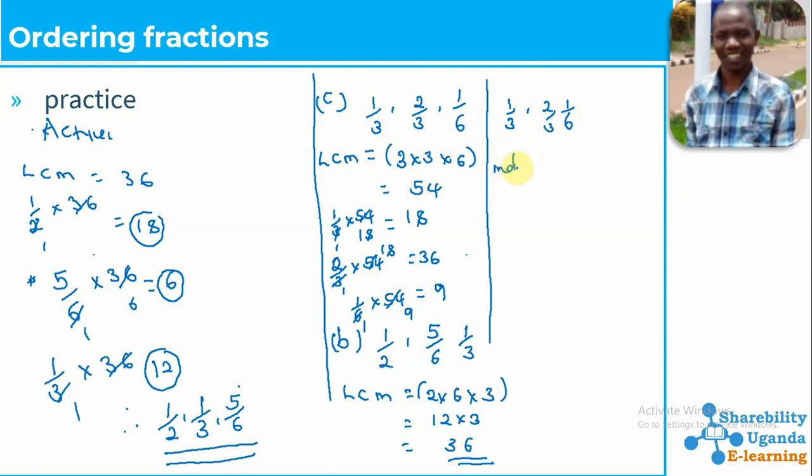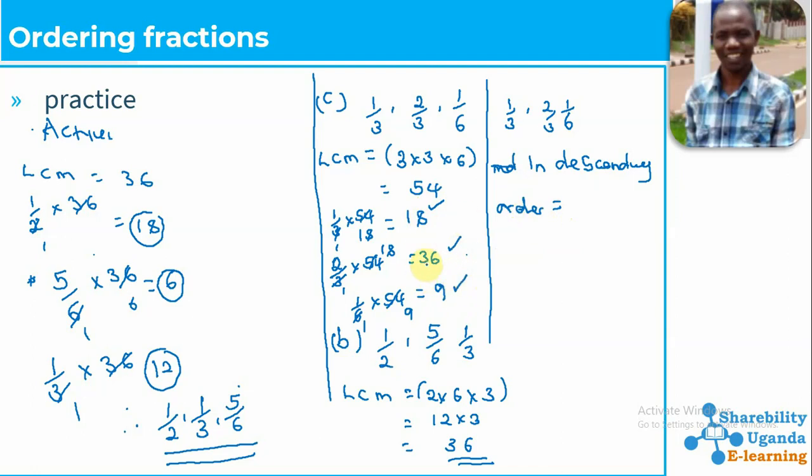We say in descending order is going to be equal to, remember we are starting from the biggest. Here we have our answers 18, 36, and 9.